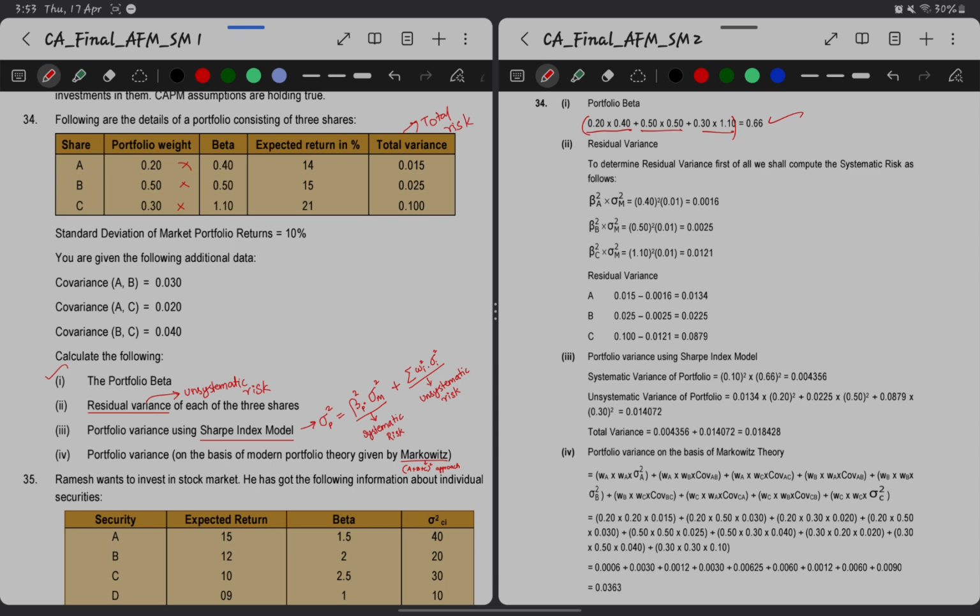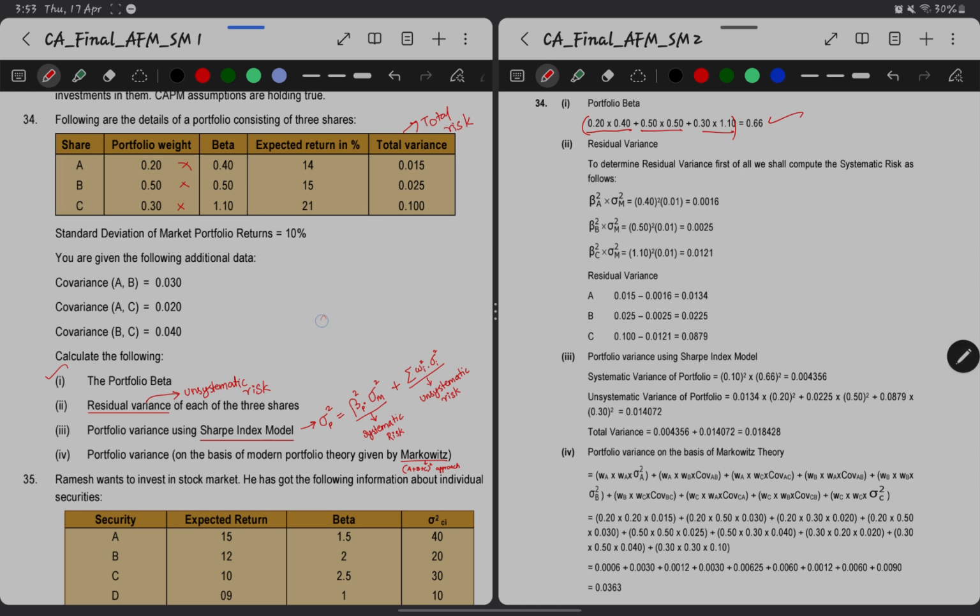Over and above the systematic risk, whatever leftover risk there is, that is residual risk and residual variance, which is nothing but the unsystematic risk. To find that, first we need the systematic risk, then we have to reduce it from the total risk to get the unsystematic or residual risk.